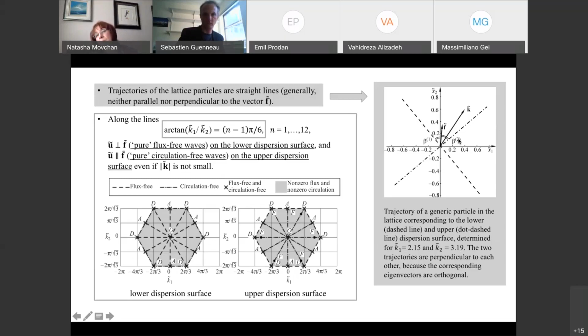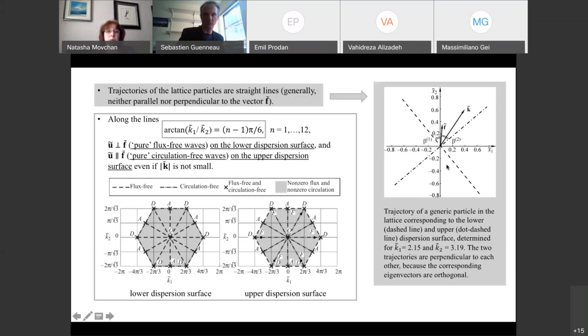These two angles are neither 0 nor pi over 2 in the general case. The important thing here is that the two trajectories are perpendicular to each other, because the corresponding eigenvectors we get for the frequencies on the lower surface and the upper surface are orthogonal to each other. And we can see in the picture that they are orthogonal.